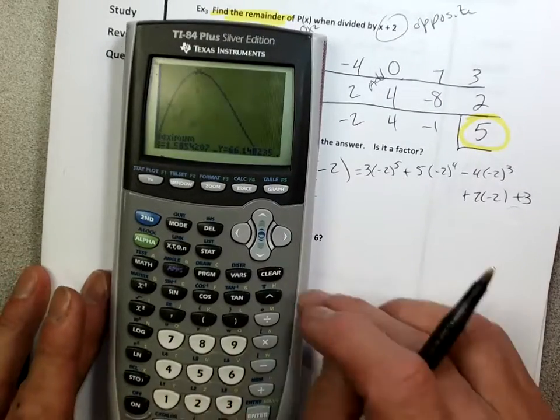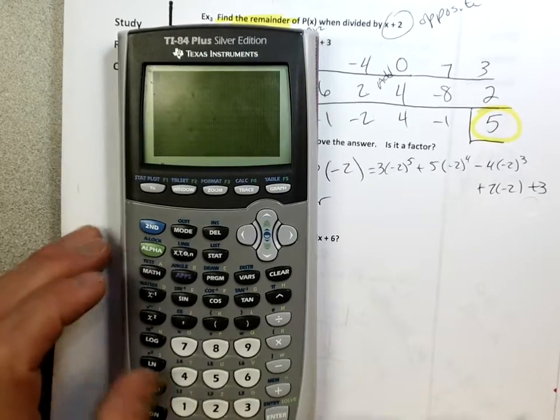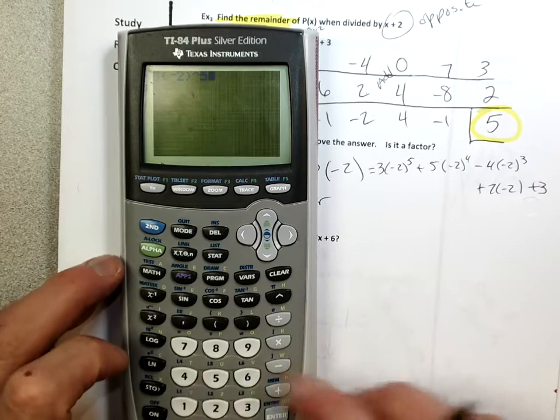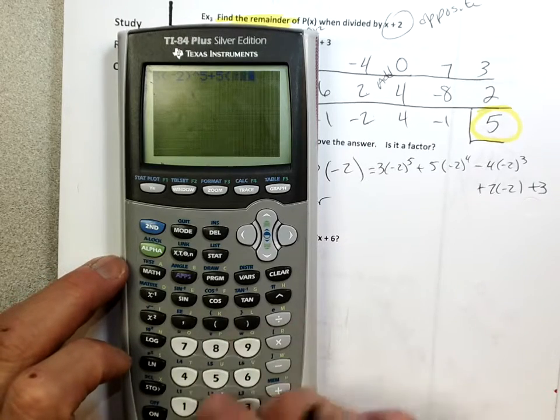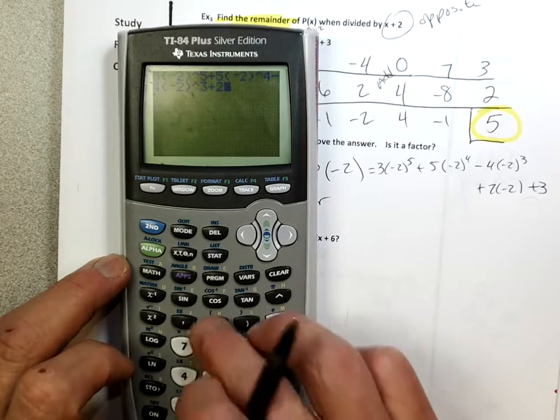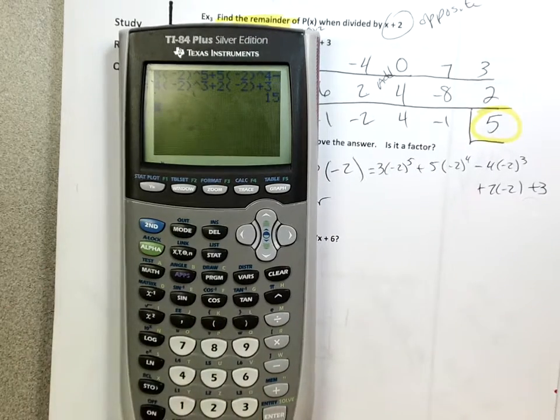So I'm just going to plug it in. 3 times negative 2 to the 5th power plus 5 times negative 2 to the 4th power, subtract 4 times negative 2 to the 3rd power plus 2 times negative 2 plus 3. And I better get 5. 15. Uh-oh. Did I make a mistake somewhere?